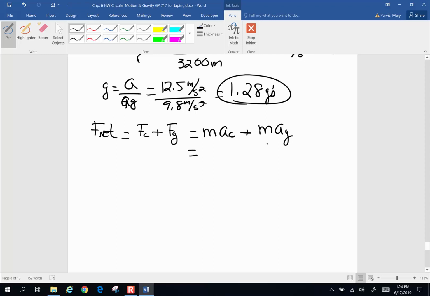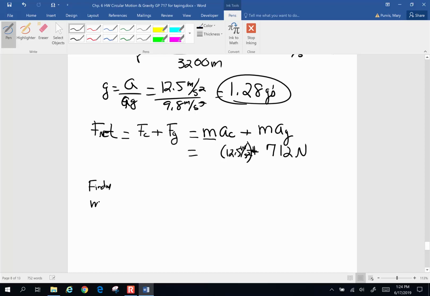Well, we know the force of gravity on her is 712 newtons. We know the centripetal acceleration on her is 12.5 meters per second squared, but we don't know her mass alone in order to figure this out. So we have to find her mass.